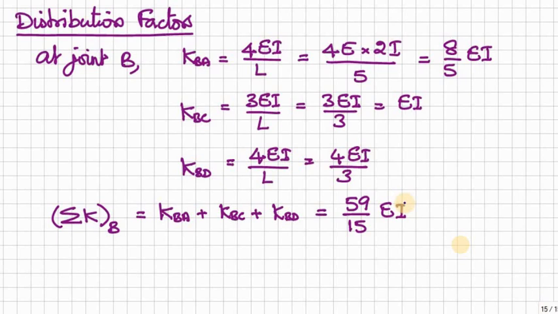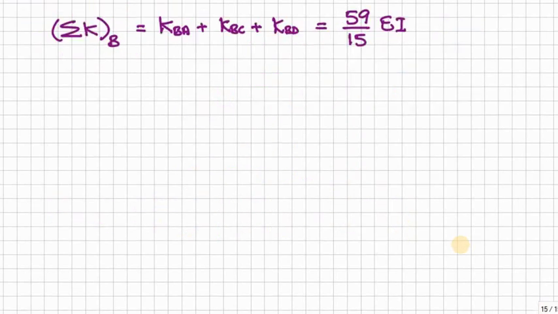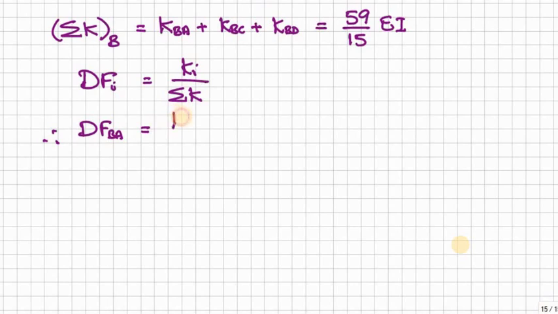Now the formula for distribution factor: DFi is equal to Ki over sigma K. Therefore, the distribution factor for BA is equal to KBA divided by sigma K, which is equal to 24 by 59.